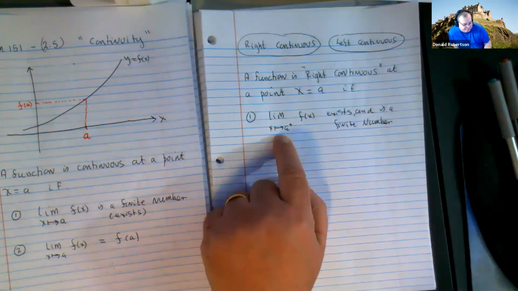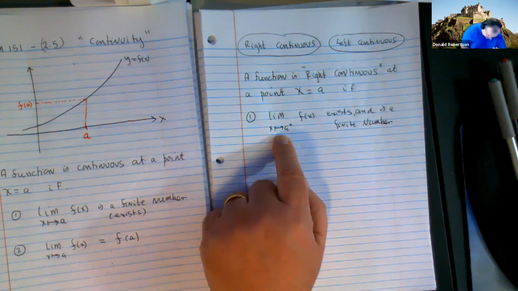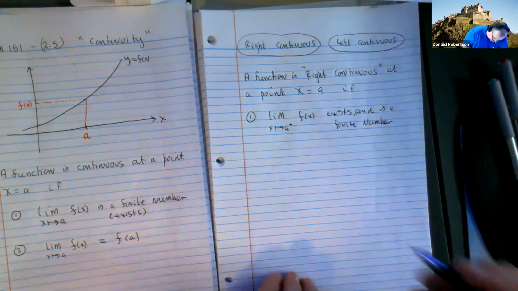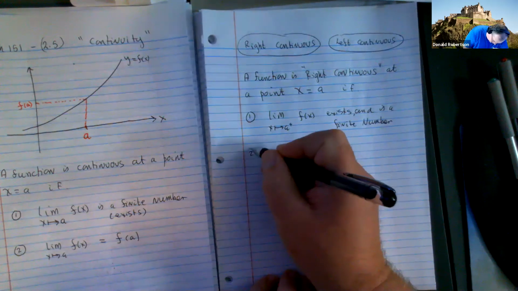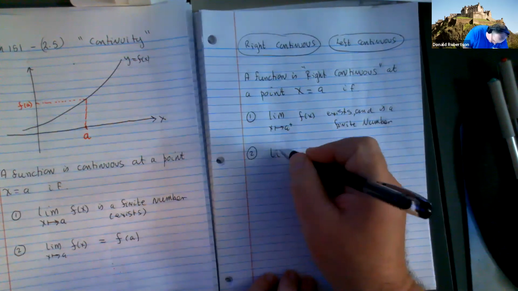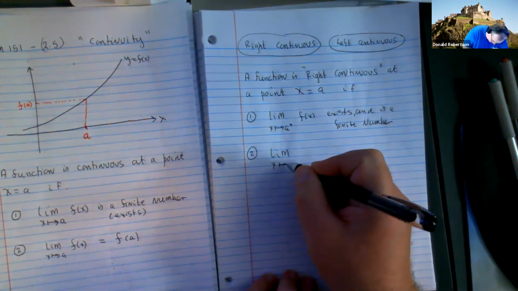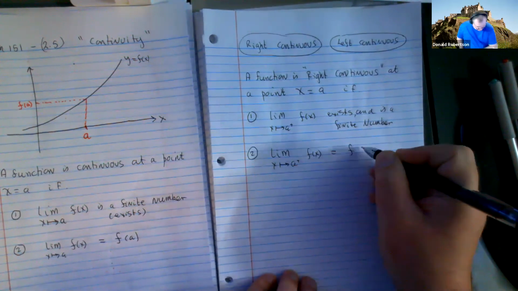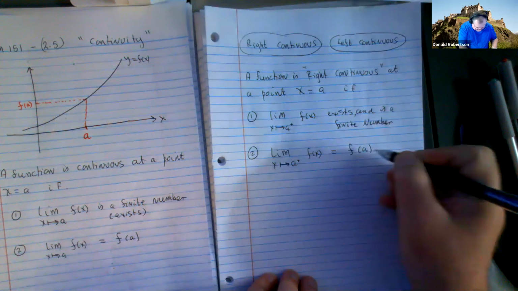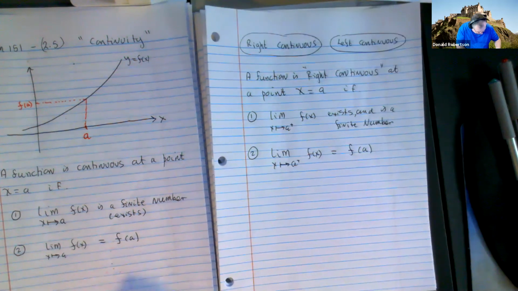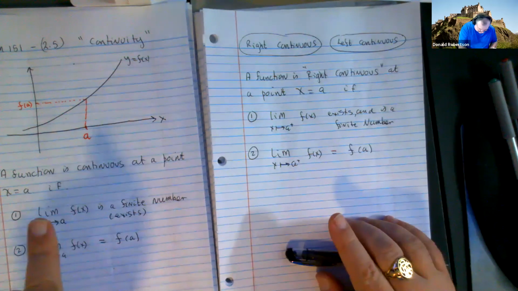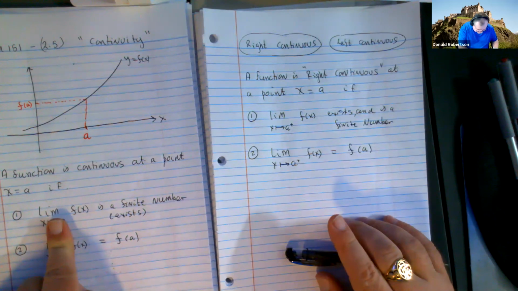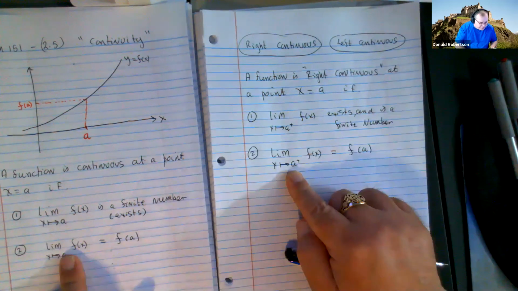Don't we call that a right limit? Remember, x tends to 1 plus, we call that a right limit. And the second property that has to be true is that the limit as x tends to a plus of f of x has to be the same thing as the value of the function at a. So, can you see the definition of an overall continuous and a right continuous are very similar?